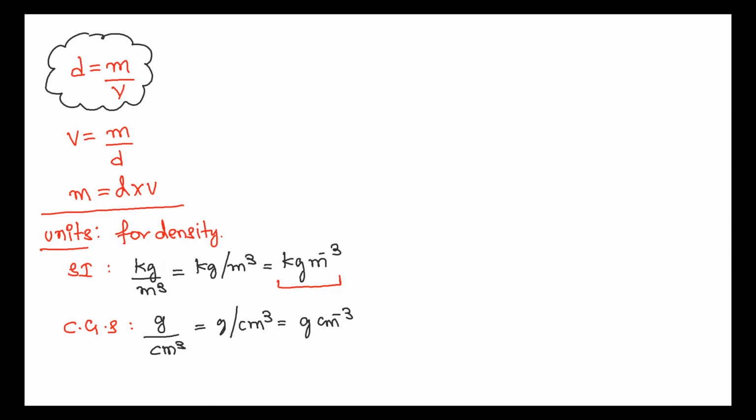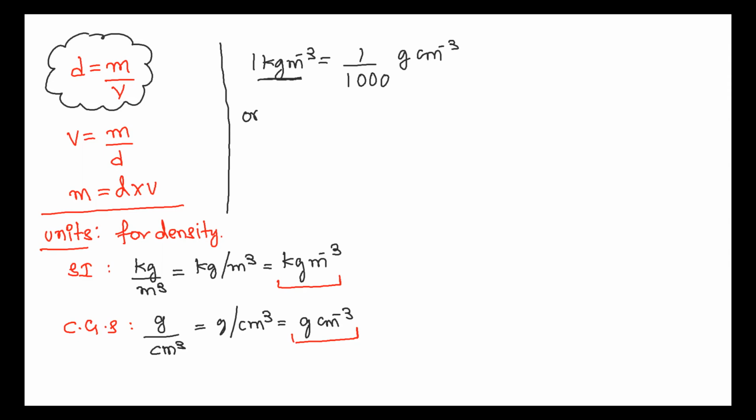These are the two units. Next comes the relation between these two units, and I hope you all remember the relation. 1 kg per meter cube is actually equal to 1 by 1000 gram per centimeter cube. That means if you want to convert from SI unit to CGS unit, you'll have to divide by 1000.